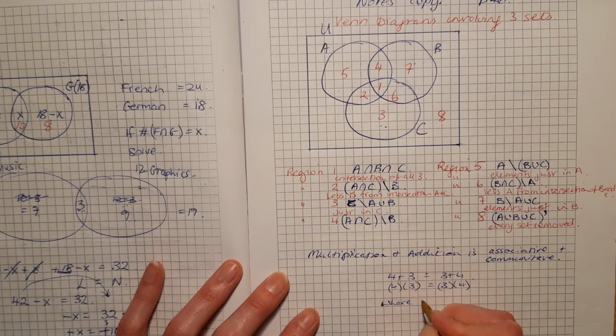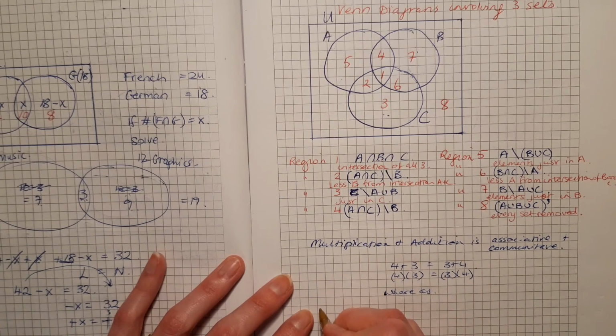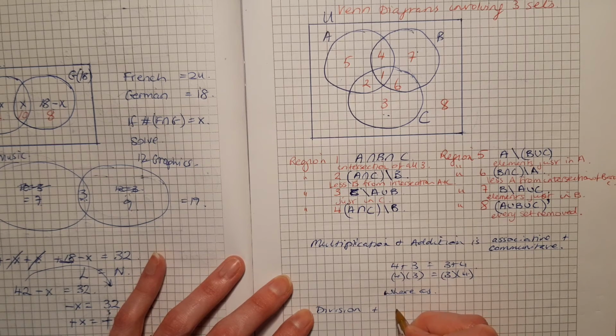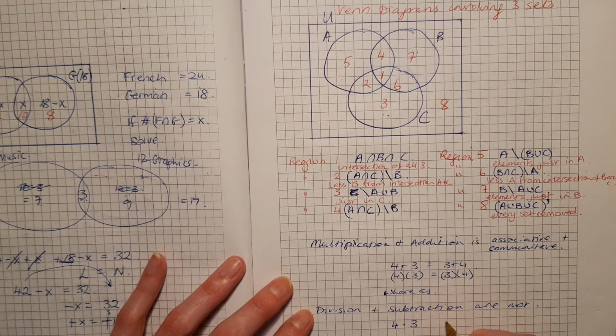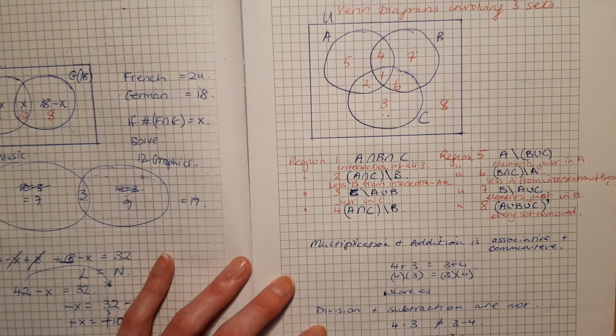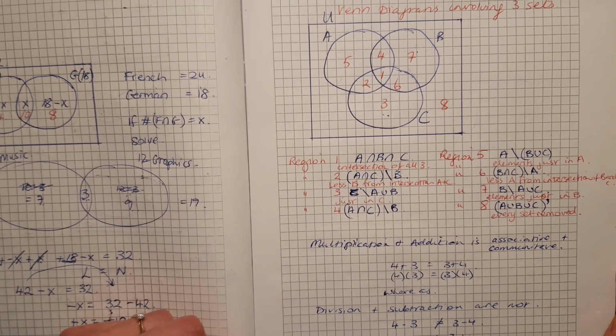Whereas division and subtraction are not. 4 minus 3 is not equal to 3 minus 4. Likewise, 4 divided by 3 is not equal to 3 divided by 4. It's showing that that relationship applies to sets as well.